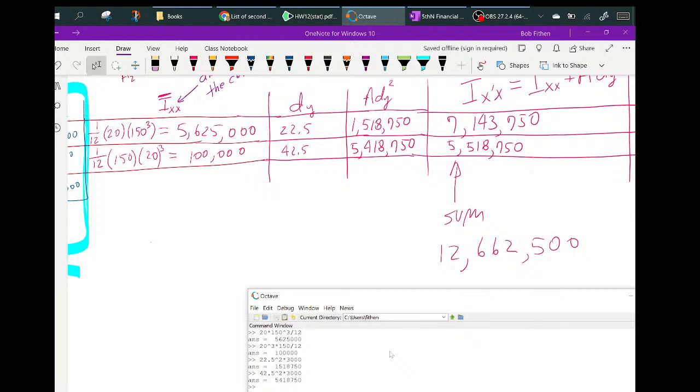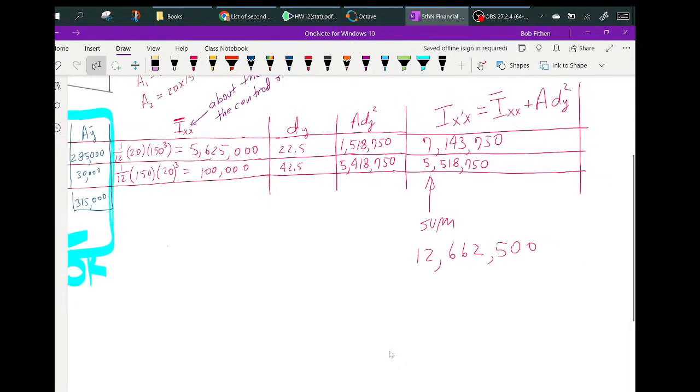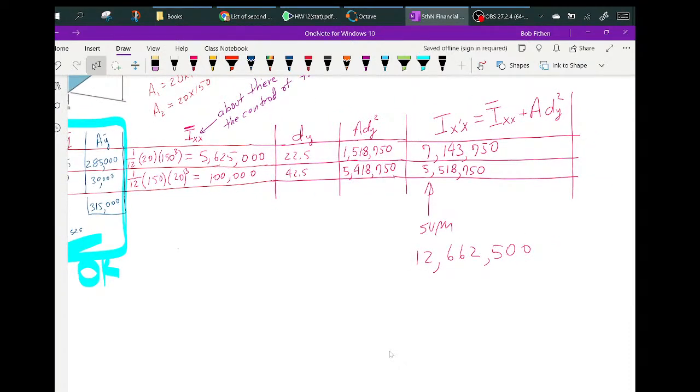Okay. And let's see. So if I add 5 and 6, I'm still getting that. So the I bar moving to there is okay.